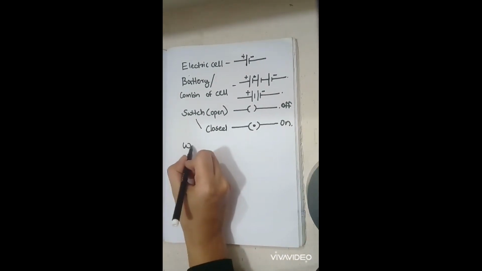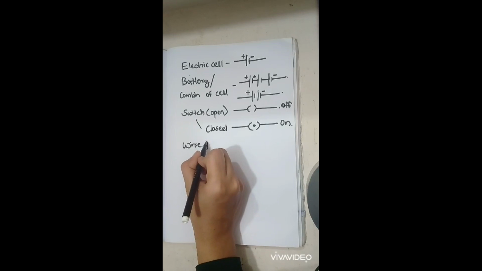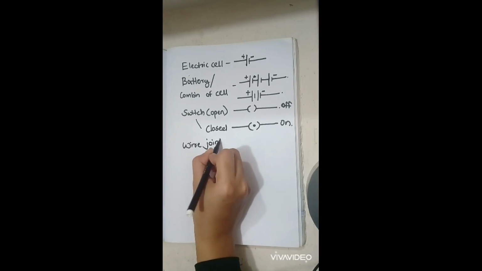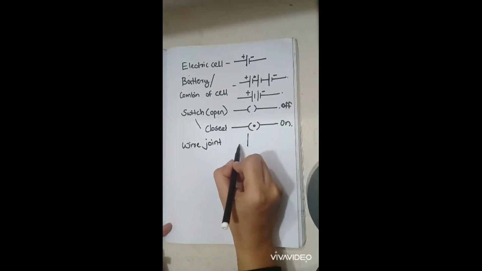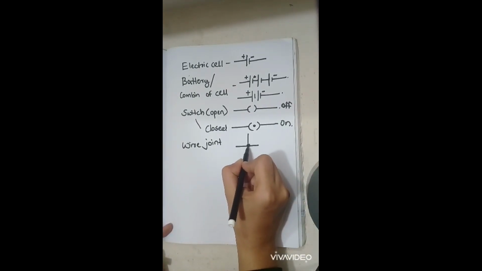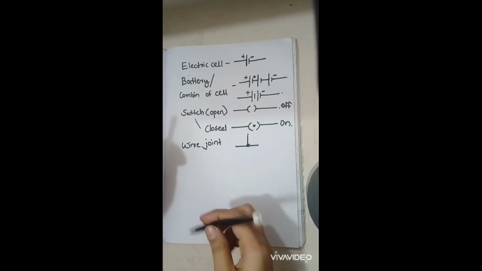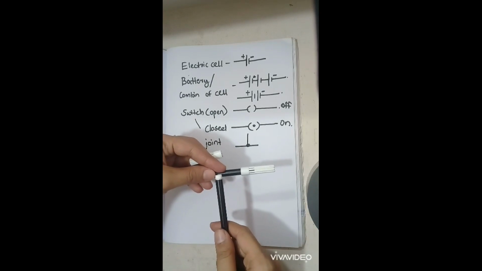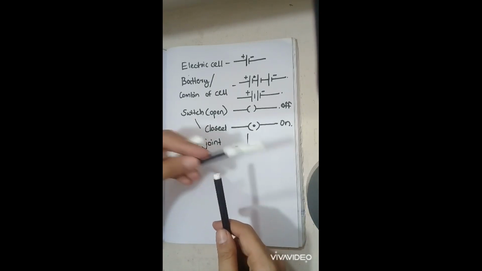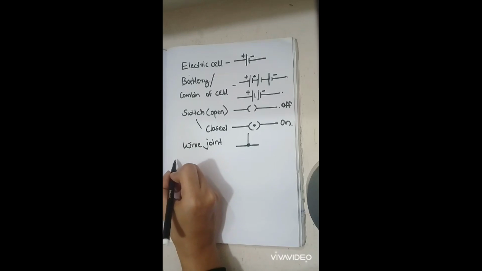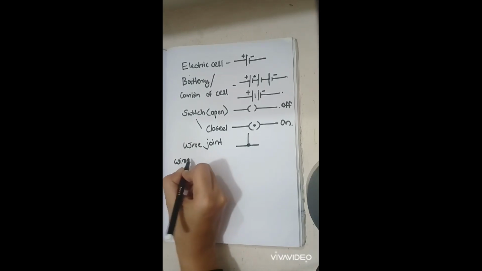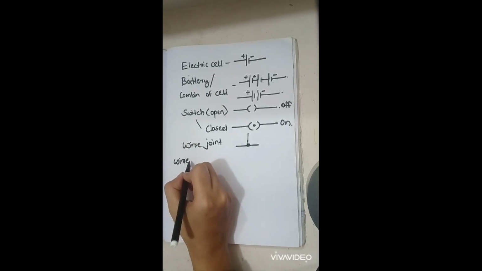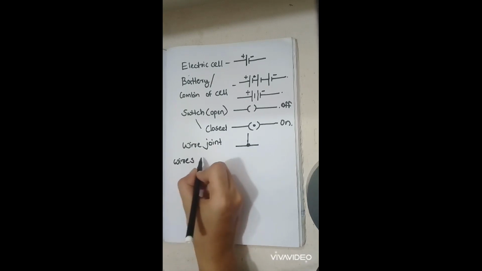Then the wire joint. Wire joint means two wires are connected to each other. The symbol of wire joint is like this. Suppose this is a wire and this wire is connected like this. Okay, this is wire joint. The next one is wire crossing without join, the wires crossing without joining.